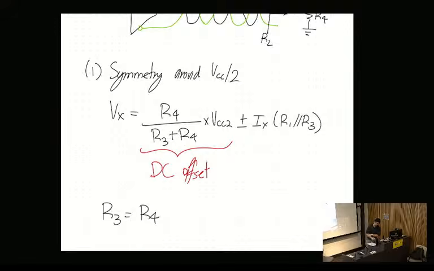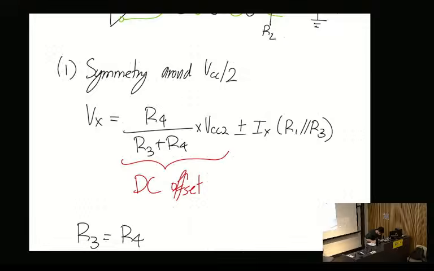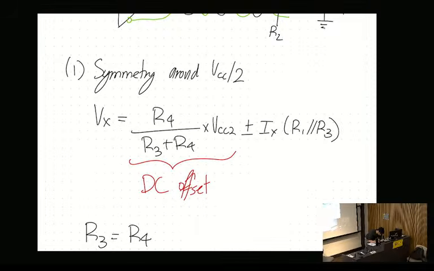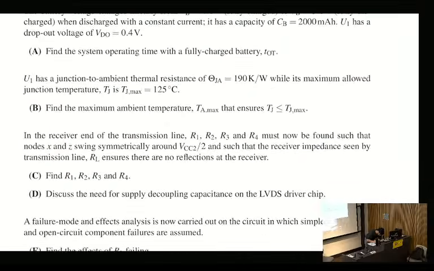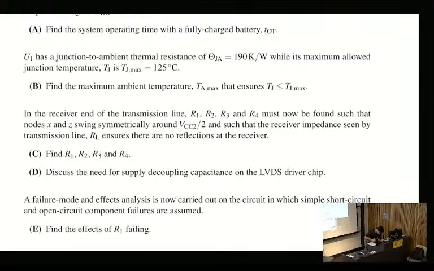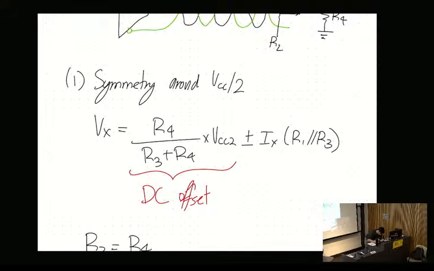Good question. So the question was, what does it mean to be symmetric around VCC on 2? Let me go back to the wording of the question. It must mean such that nodes swing symmetrically around VCC on 2. So if you have some sort of voltage like here, and let's say the offset is VCC on 2, that means they swing in equal direction and equal proportion in both directions.